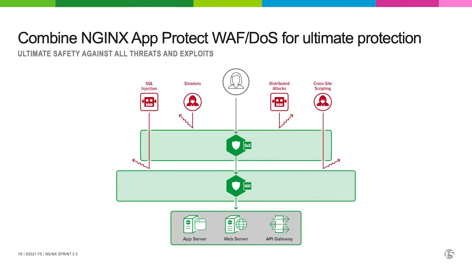And then you can put your NGINX App Protect WAF as your second layer of defense to block any incoming exploits or threats, such as SQL injections or cross-site scripting. And then maybe after all that, you have your NGINX server running as a web server, as an app server, an API gateway. And that web server or API gateway now can safely run 24/7, free of any threats and injection attempts coming through, thanks to App Protect DoS and App Protect WAF.